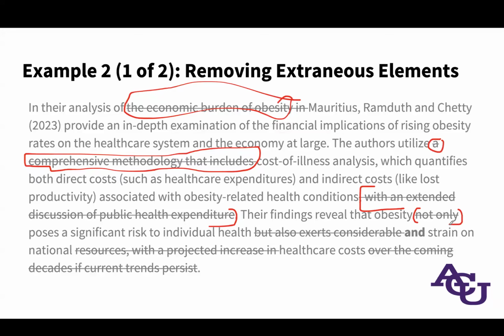And here, not only, those are rhetorical devices that, if we were reading this out loud, would help call the listener's attention to it, but we just don't need it here. So we can take that out and we get, oh, the findings revealed that this is X. And same thing with this projected increase in healthcare costs. That's more of a government thing. Over the coming decades, if current trends persist, that's out of scope for our audience.